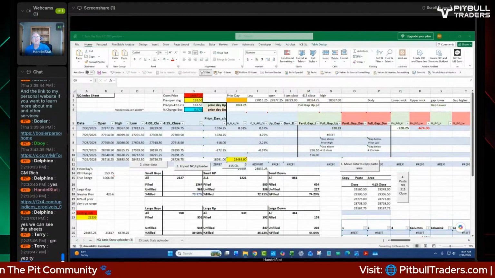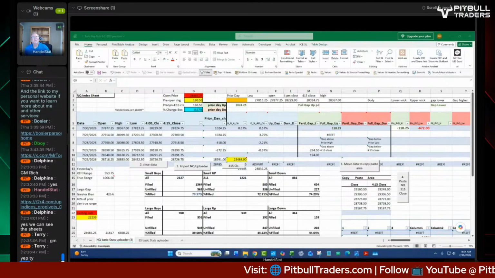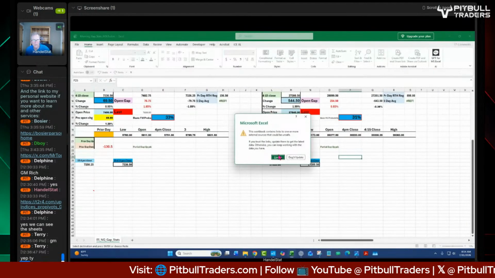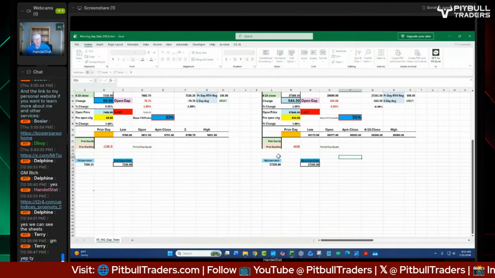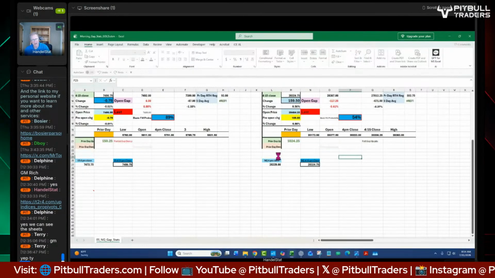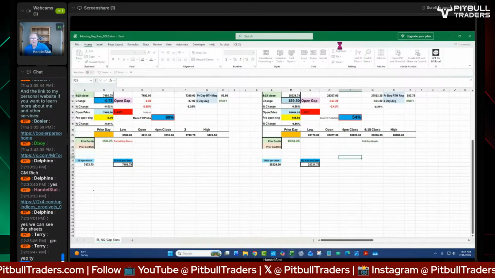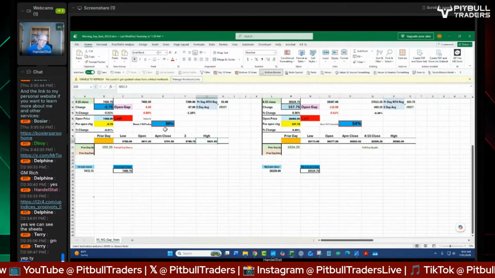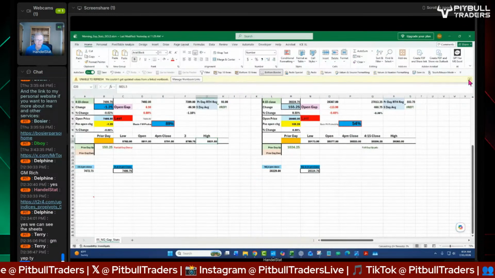Right here. Come on, open up. There we go. Update. There we go. I'll put this. This is if you see this. These are my basic gap stats.